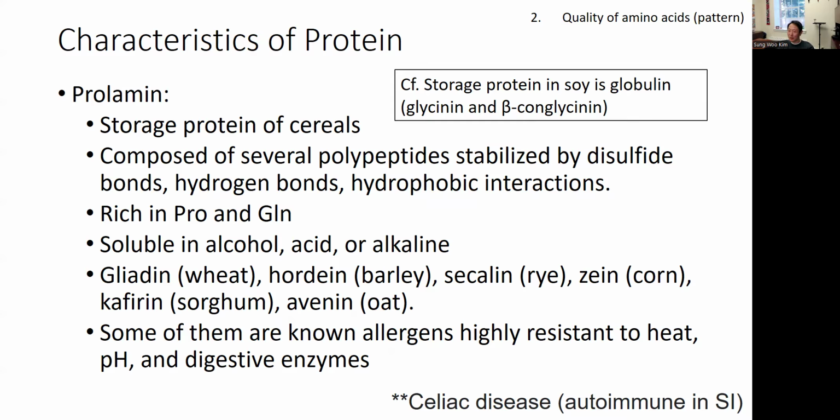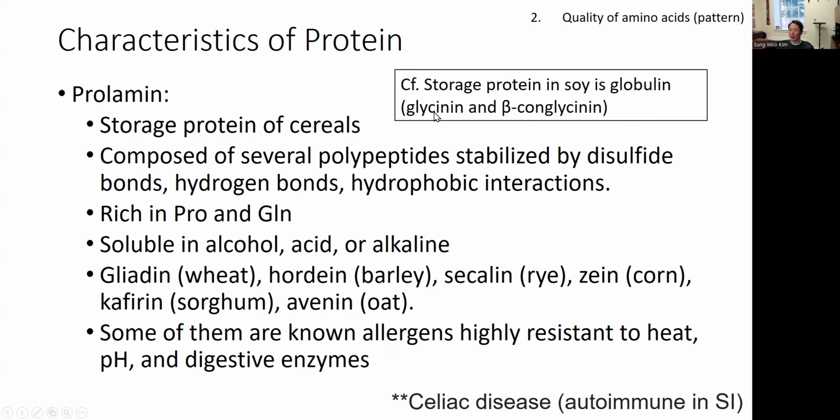It is very similar for the protein in the endosperm found in the soybean. Those proteins in the case of soybean are called globulin. Specifically, they have specific names, soy glycinin and soy beta conglycinin.